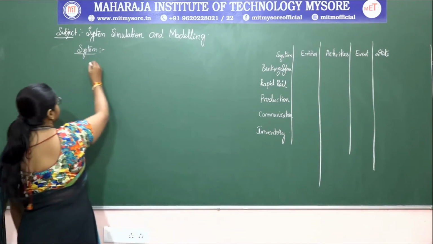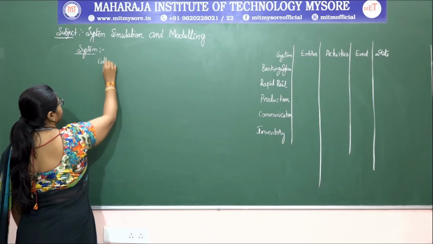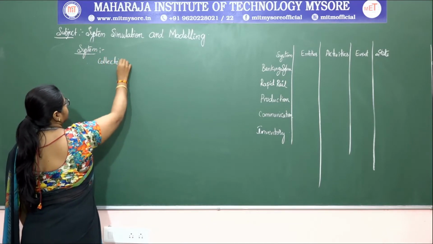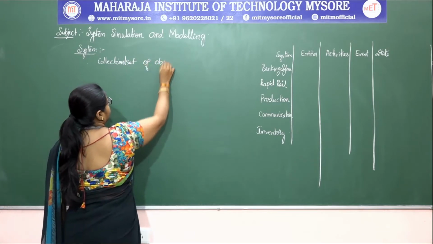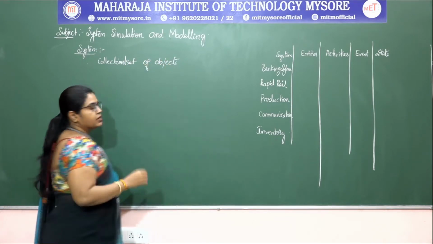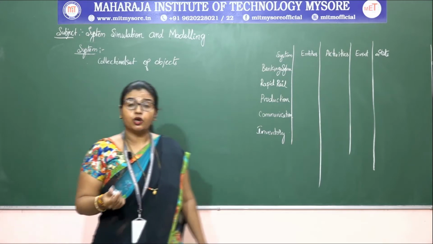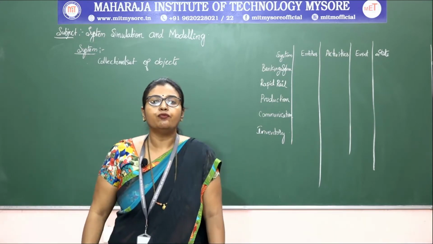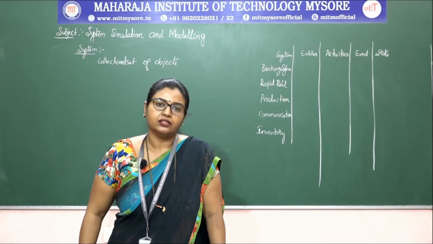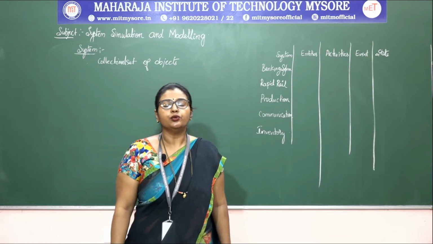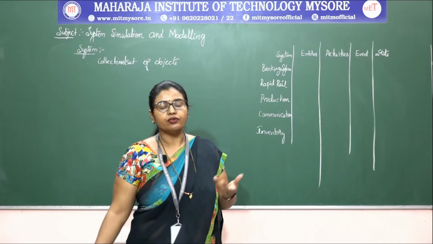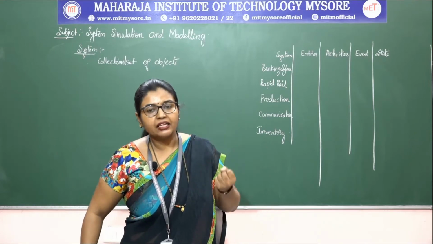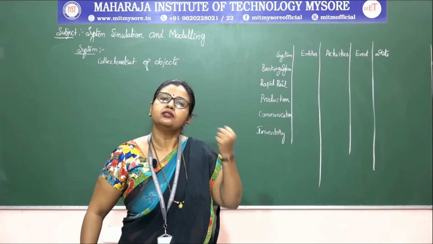A system is a collection or set of objects joined together to perform some specific task. To accomplish some task, we combine those objects to form a system.